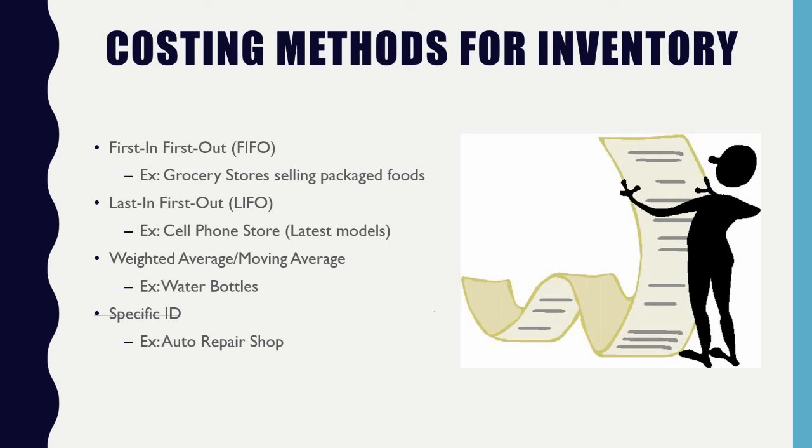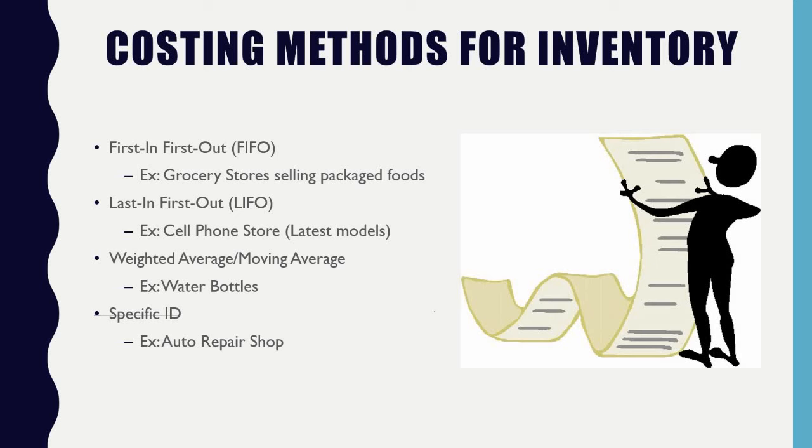Now, when we're dealing with LIFO, which is last in, first out, this is more like when you're selling electronics or special products, right? That doesn't really have a determining shelf life. A perfect example is a cell phone store, right? iPhones, right?